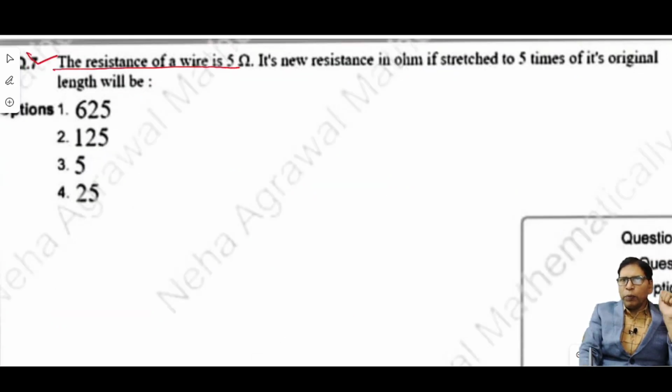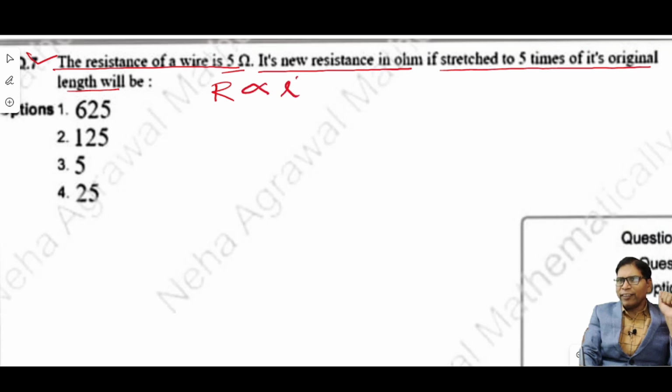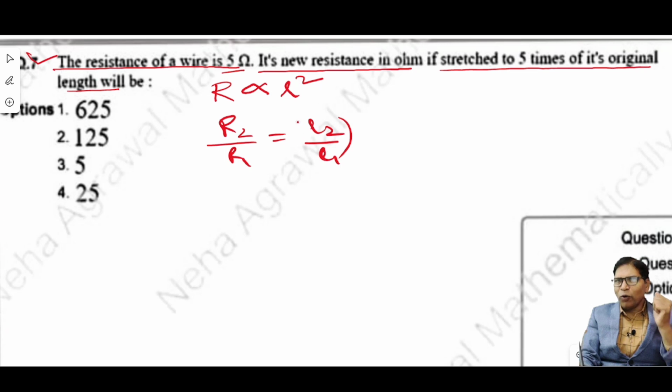The resistance of a wire is 5 ohm. Find its new resistance in ohm if it is stretched 5 times its initial length. Now for stretching, resistance is proportional to the square of length, that is L square. So R2 by R1 equals (L2 by L1) whole square.